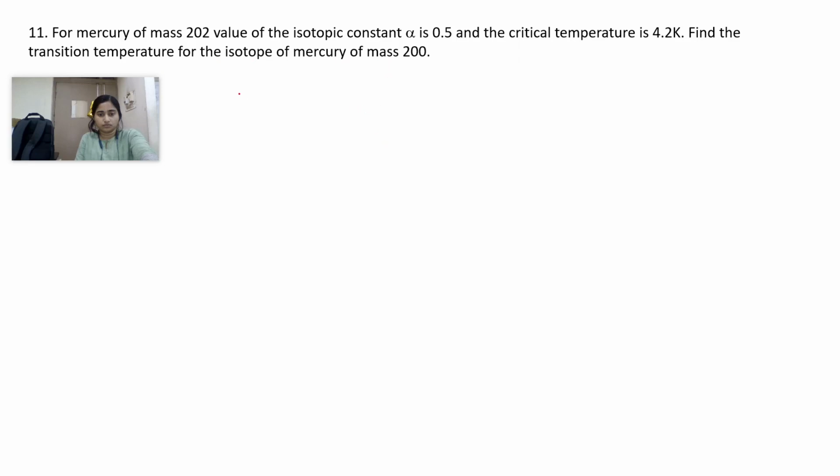Two masses are given. M1 we can take as 202, and M2 as 200. Critical temperature Tc1 is 4.2 Kelvin and alpha is 0.5. Now you have to calculate Tc2.